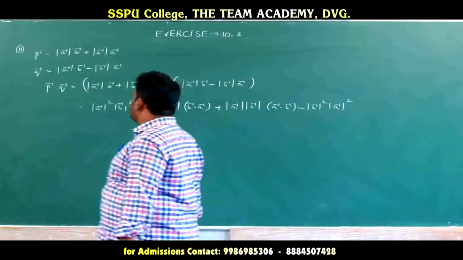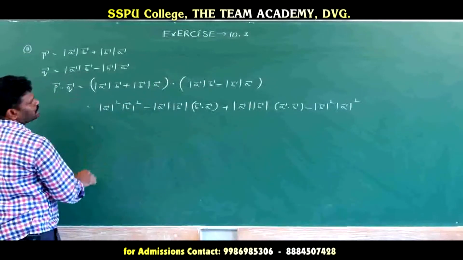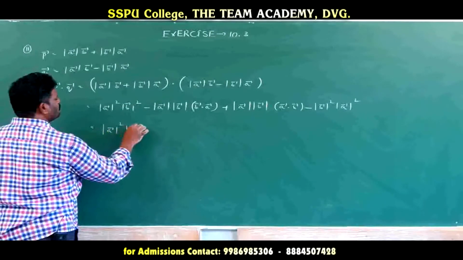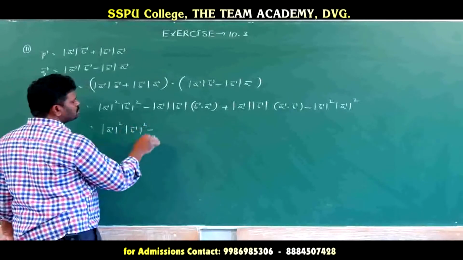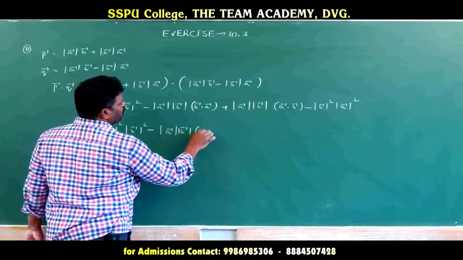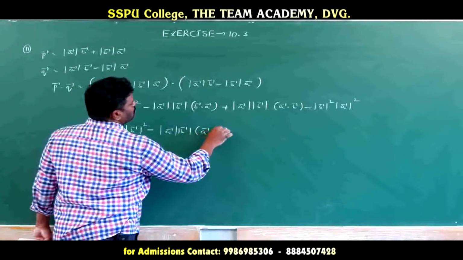So this is magnitude of A bar square, magnitude of B bar square, minus magnitude of A bar into magnitude of B bar into A bar dot B bar.